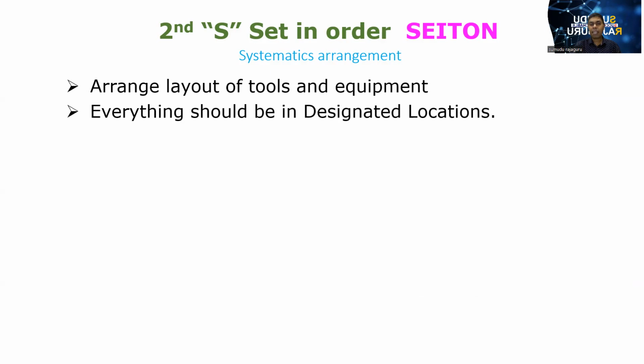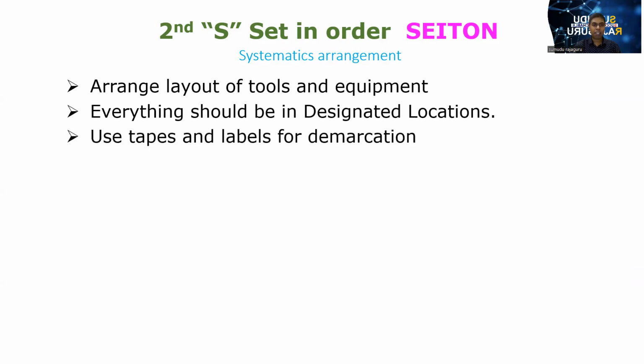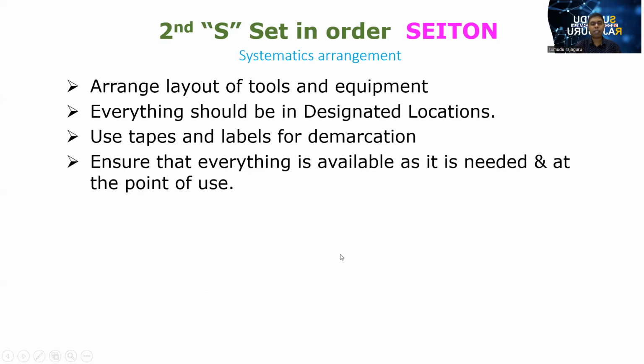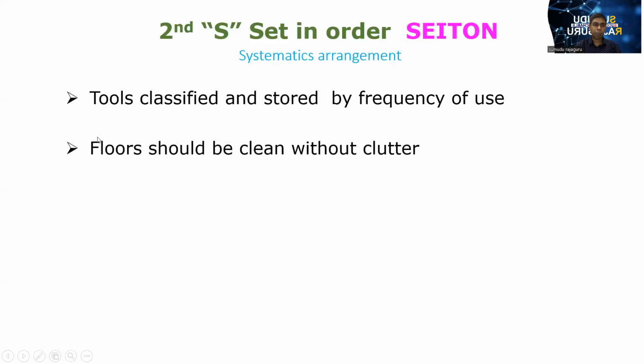Everything should be in designated locations. Use tapes and labels for the demarcations. Ensure that everything is available as it is needed and at the point of use. Those are the ways of arranging in a systematic way.